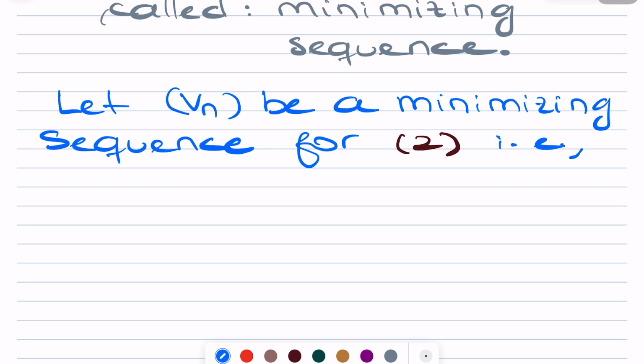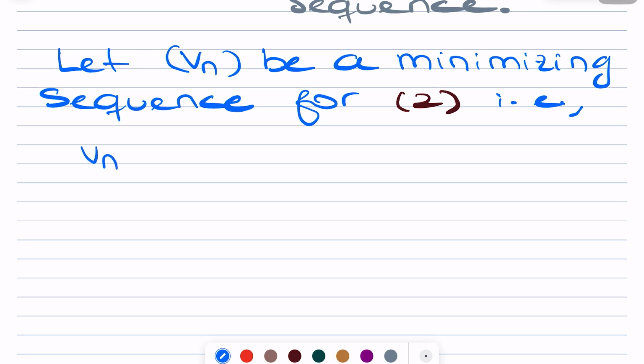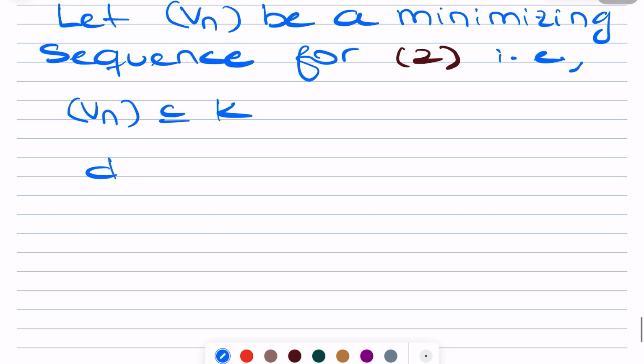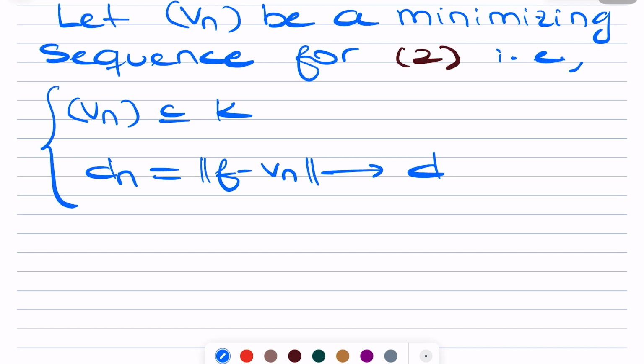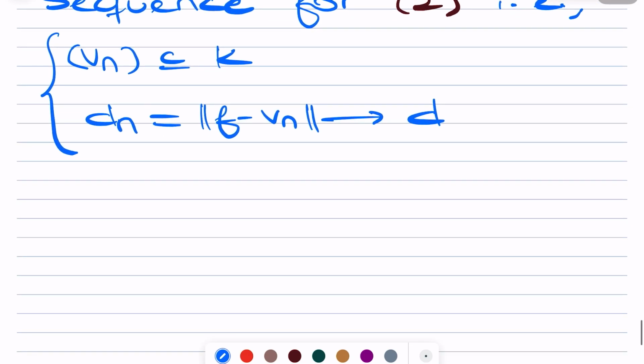Let me write it again: v_n is a sequence of elements of K, and call d_n the norm of f minus v_n, so that d_n converges to d. Our claim is that v_n is a Cauchy sequence.